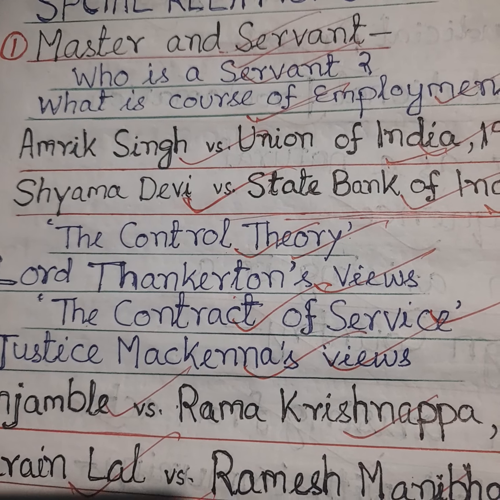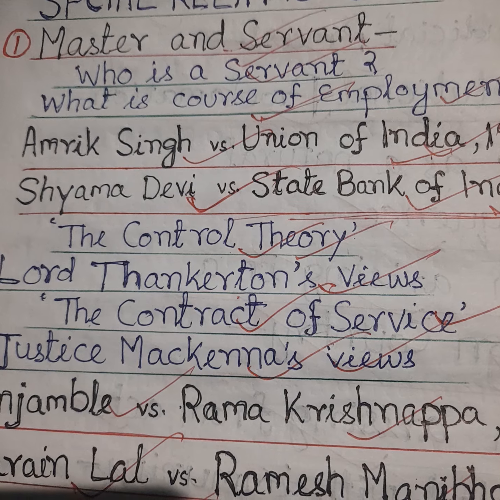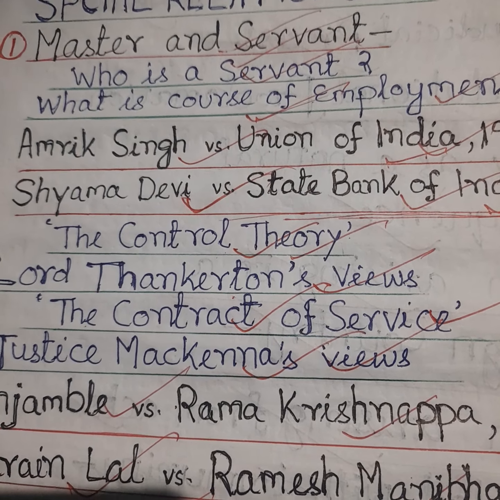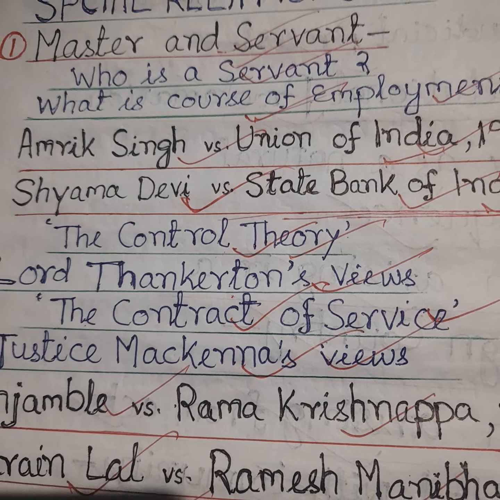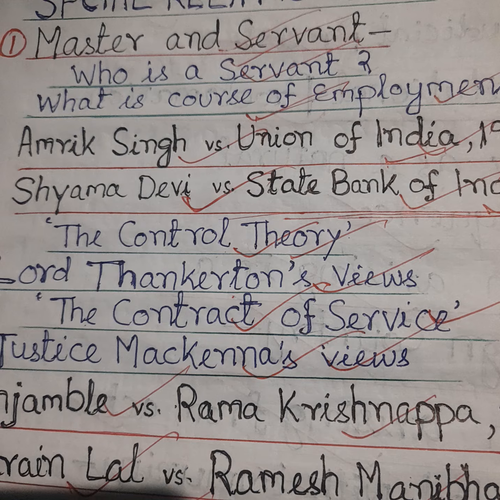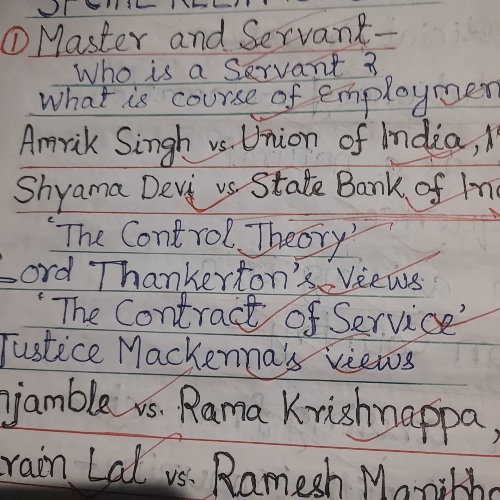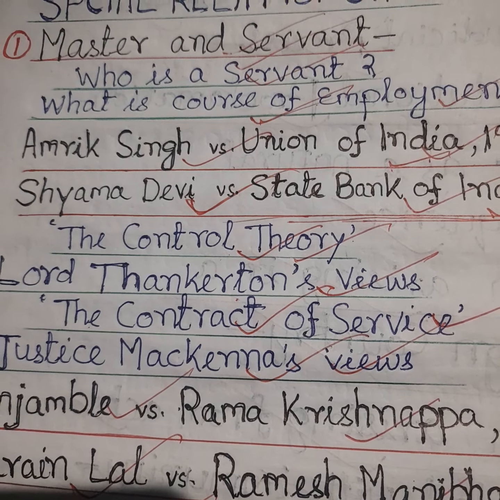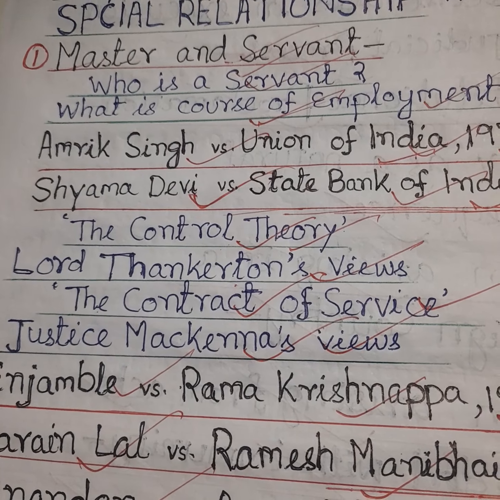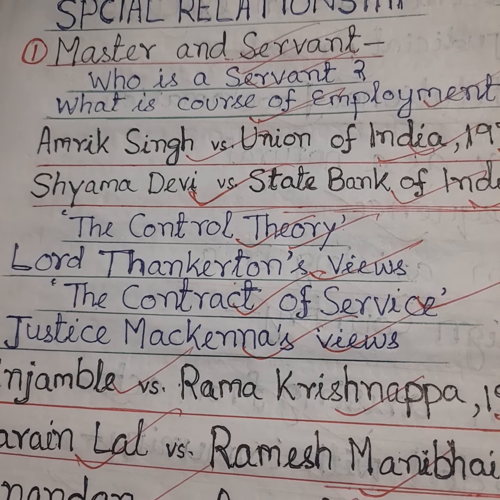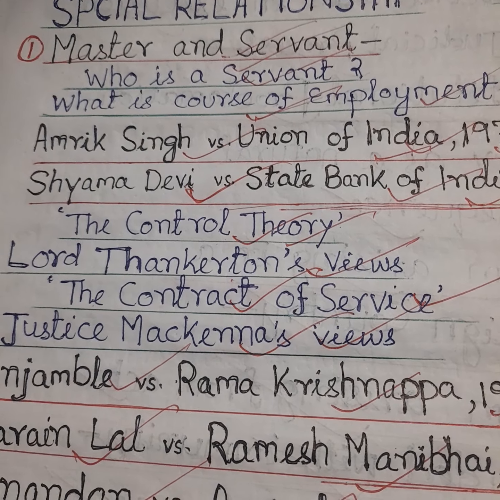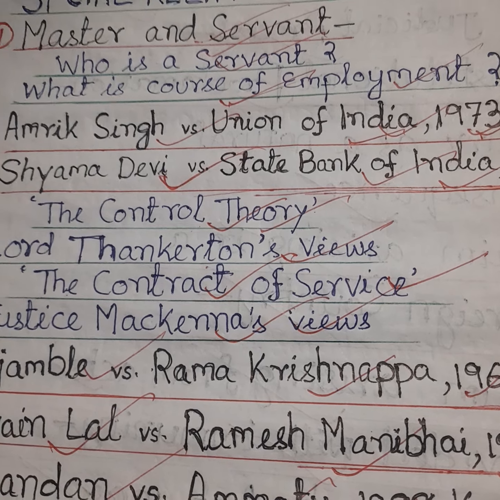The second one, he agrees expressly or impliedly that in the performance of that service, he will be subject to the other's control in a sufficient degree to make the other master. And the third one, the other provisions of the contract are consistent with its being a contract of service.